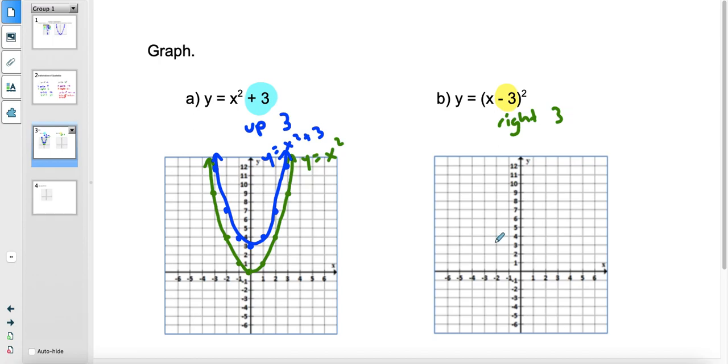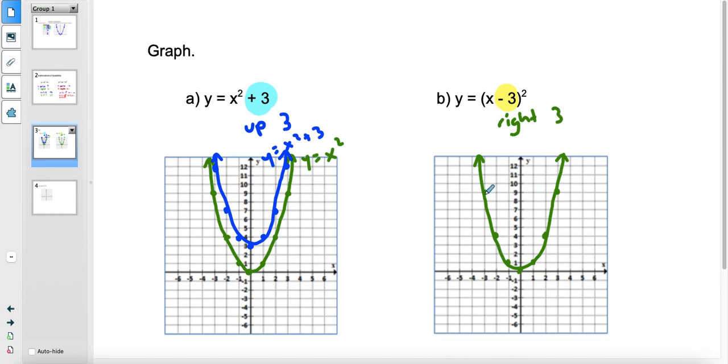So again, I'm going to start by graphing y is equal to x squared. And then all I'm going to do from there is shift my graph right 3 units. So let's do that.